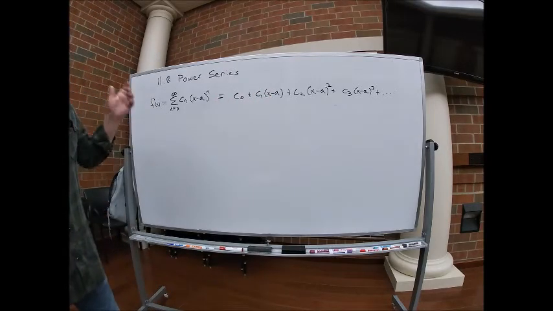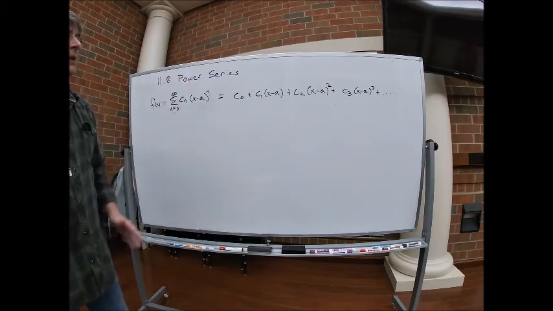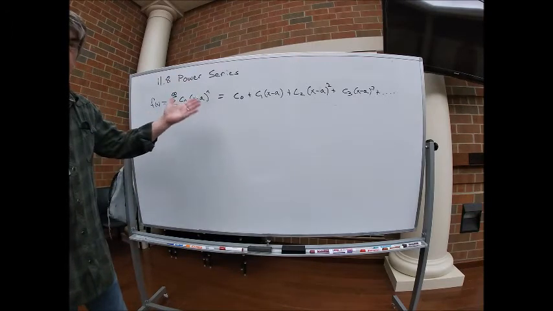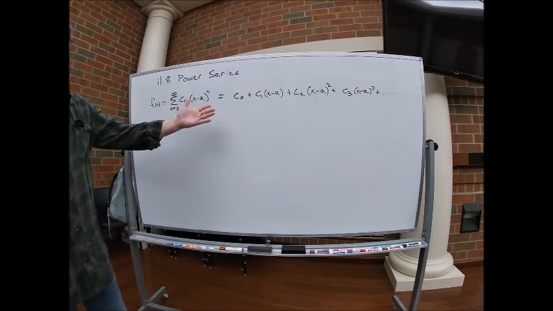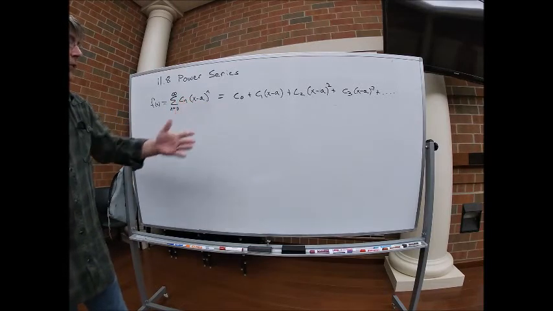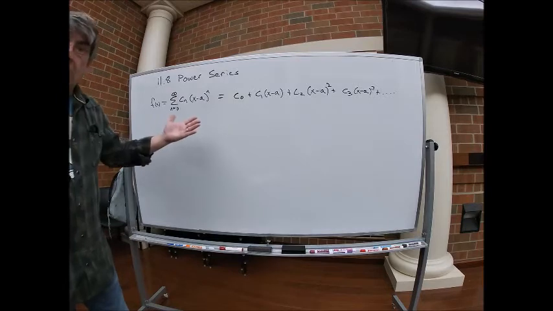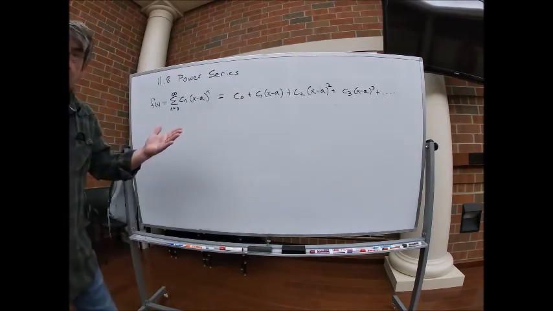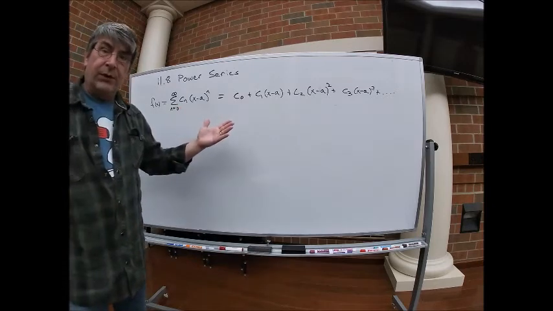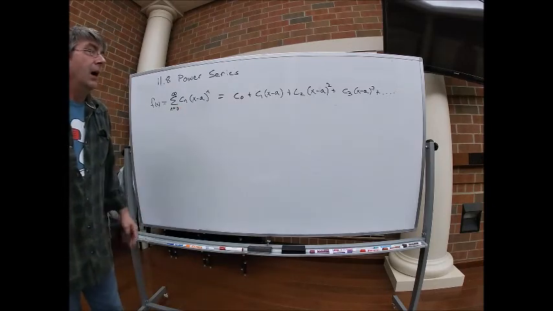So given a power series, we want to figure out for what values of x it converges. When we know it does converge, then the question is: is that a function that we've already seen, or is it a new function? And then we can do some other games with it.